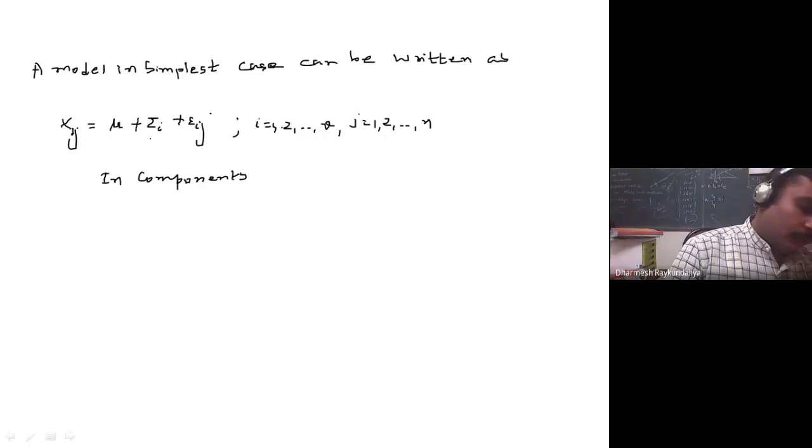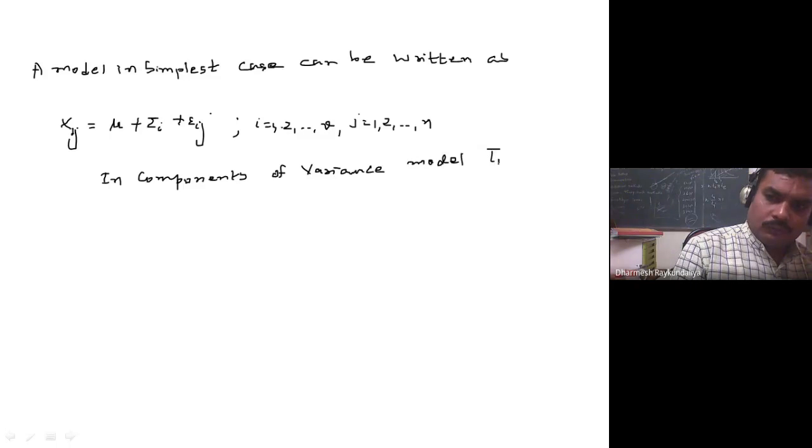Okay. So in the component of variance model, tau_i and epsilon_ij differ. In a design model, treatment is fixed, and epsilon_ij is a random variable which is unobservable and has a certain distribution.